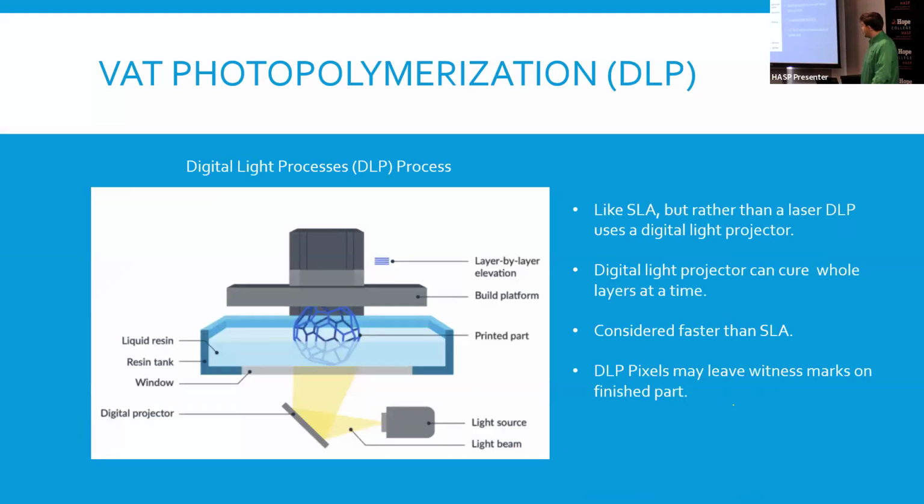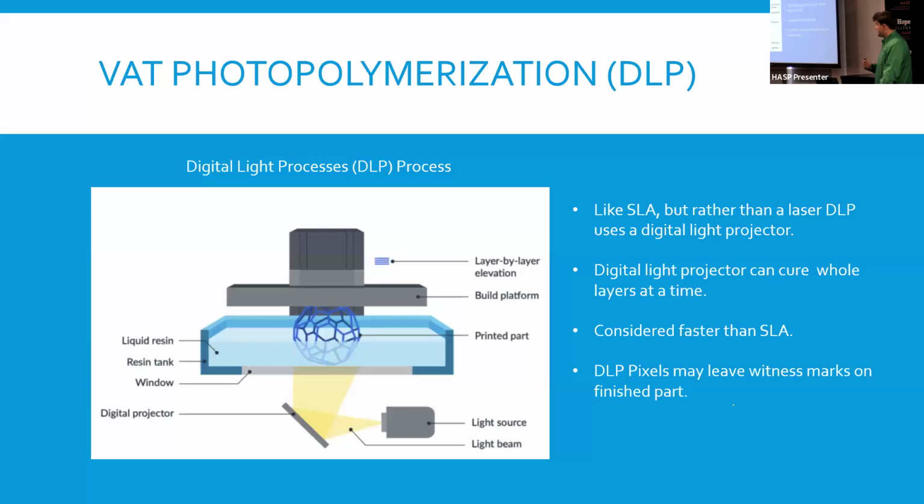There's another type of SLA out there, or vat photopolymerization, excuse me, which is digital light process. So this is basically SLA on steroids. Instead of a laser, DLP is going to use a digital light projector.